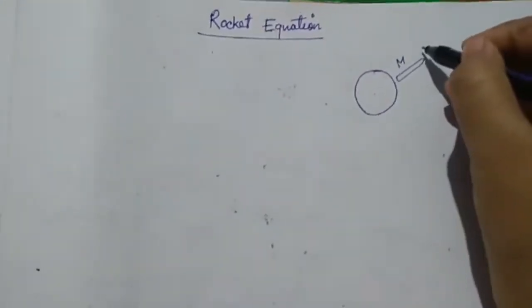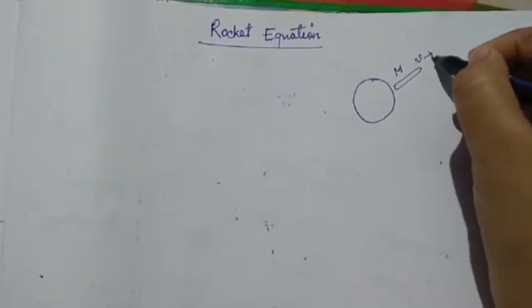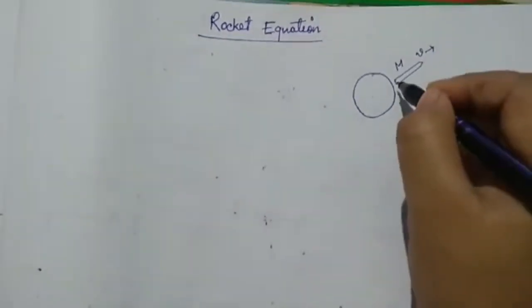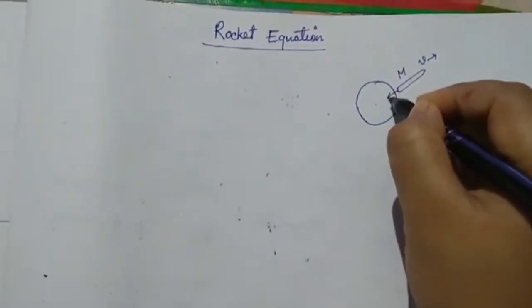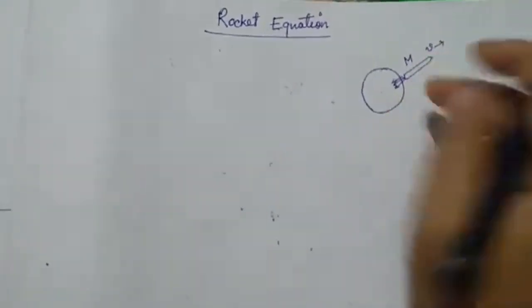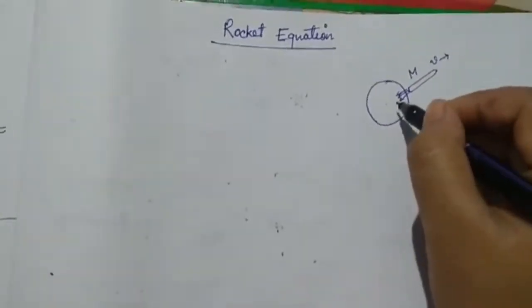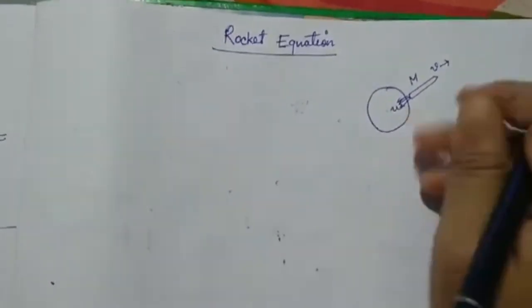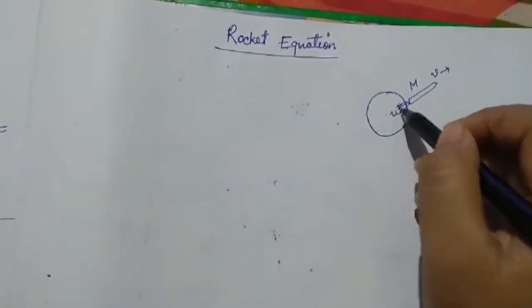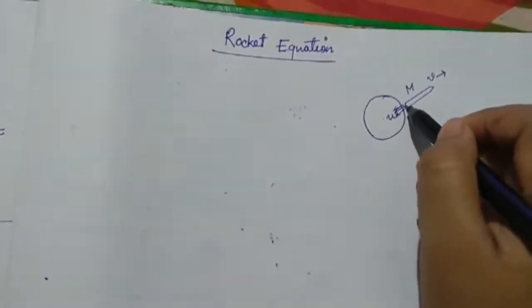Suppose that it is moving with a velocity v in this direction. At the same time the rocket is ejecting fuel in the opposite direction. Let us assume that the velocity of the fuel is u. Consider that this is the velocity u of the fuel with respect to the rocket.